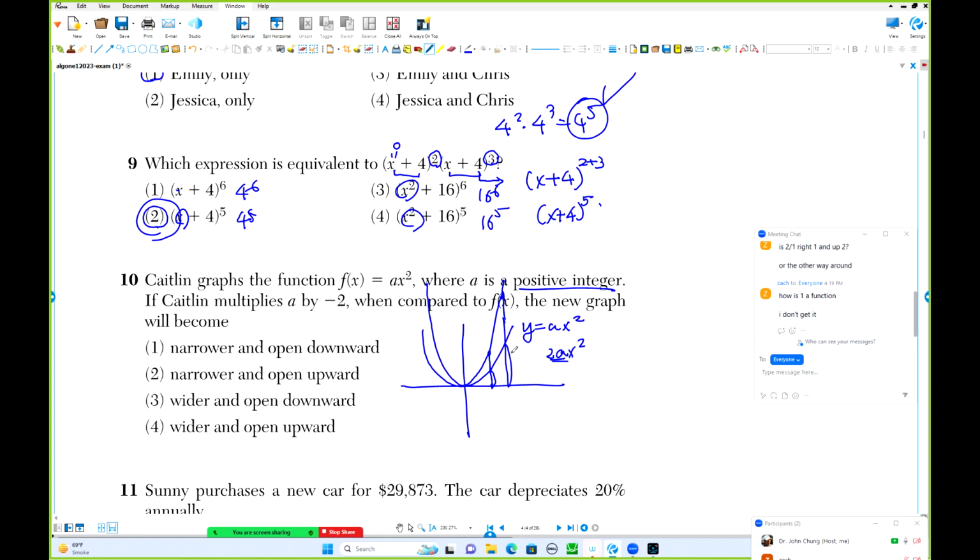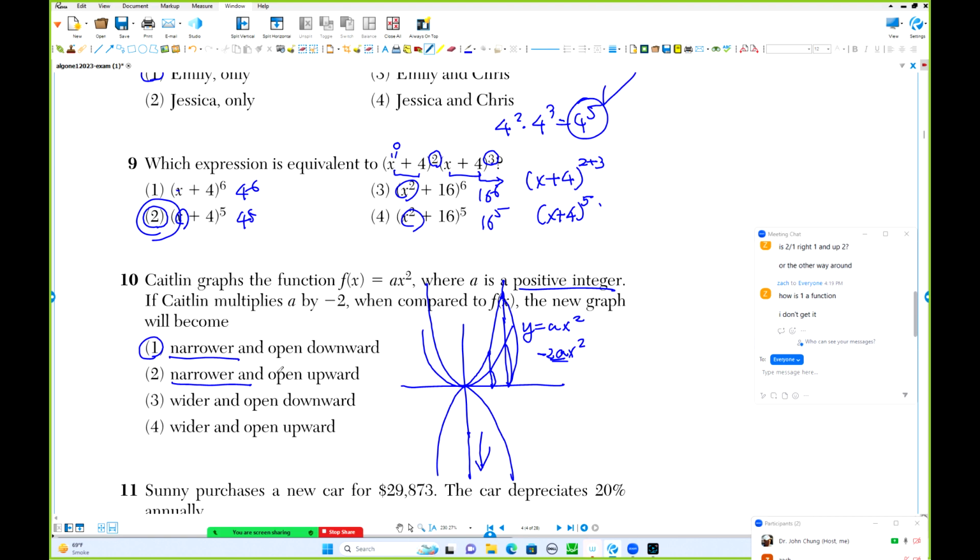This is what we said, stretch. But it looks narrow, right? Yeah, it's going to be narrow. But this time the minus is what? Reflection over the x-axis. Okay? The graph is what? Downward. Open downward. Narrow and open downward is this.